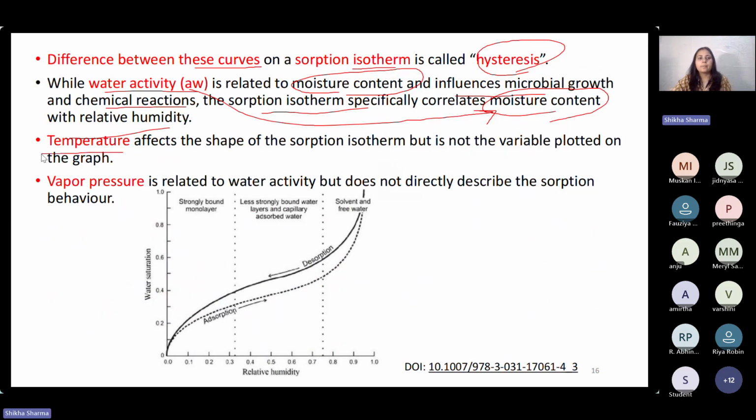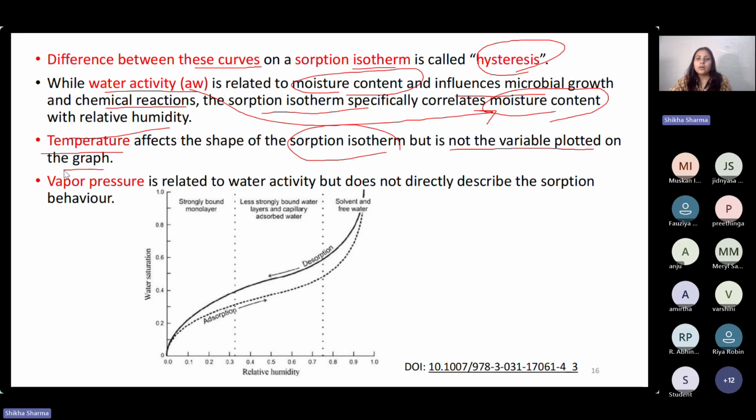And we know that temperature is going to affect the sorption isotherm and its shape, but it is not the variable plotted on the graph. So at constant temperature, we measure this graph between the water or moisture content and the relative humidity. If we change the temperature, obviously the pattern of adsorption and desorption will change.